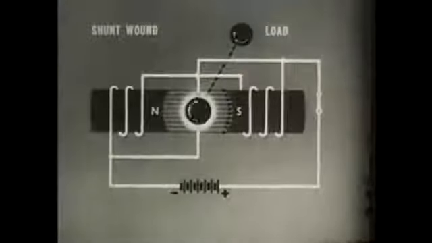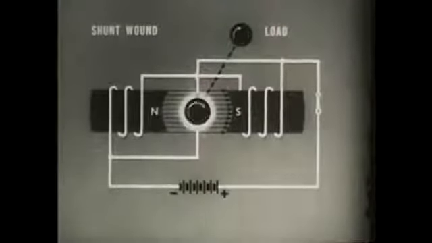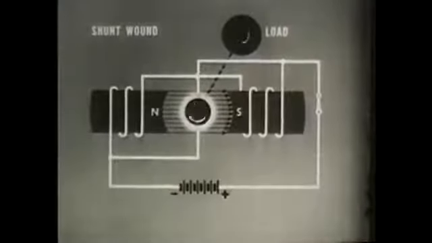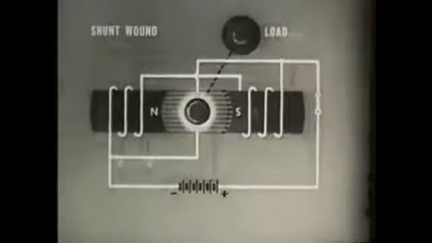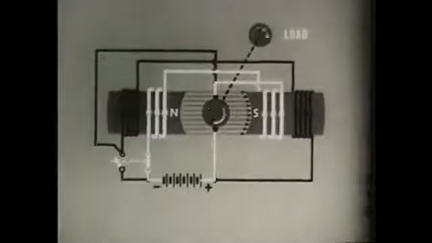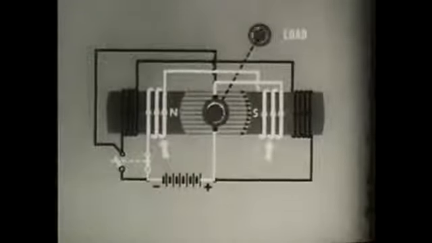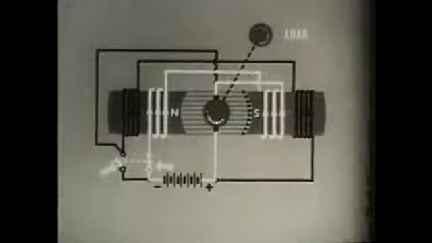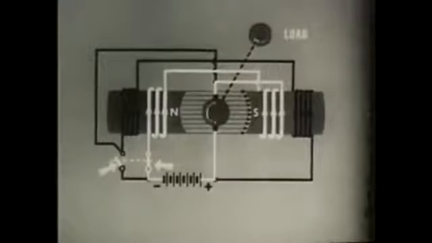But since the field current is independent of the rotor current, the speed regulation is quite good. The compound wound motor combines the best features of both types. It uses a series section for good starting torque. Then it switches to a shunt arrangement for good speed regulation.